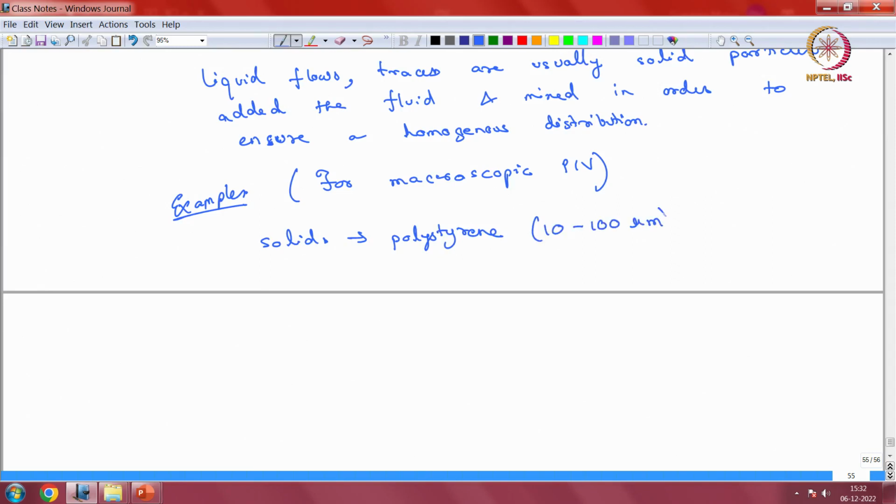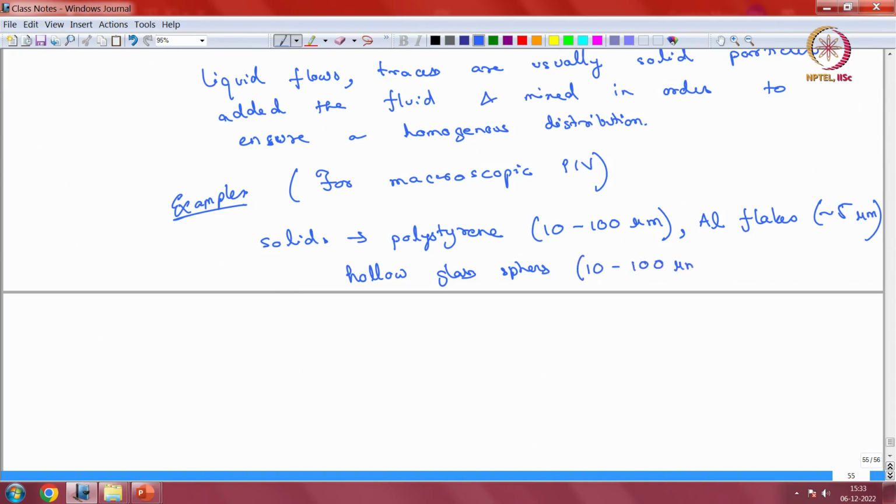Obviously the size depends on the type of flow and your particular case. Aluminum flakes are also used, sometimes around 5 microns. Bigger aluminum flakes can sediment, which is why it can be a problem. Hollow glass spheres. By the way, these numbers in the brackets are just indicative. Okay, so this is usually what is done.